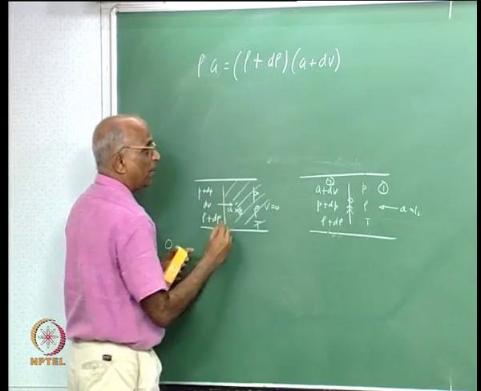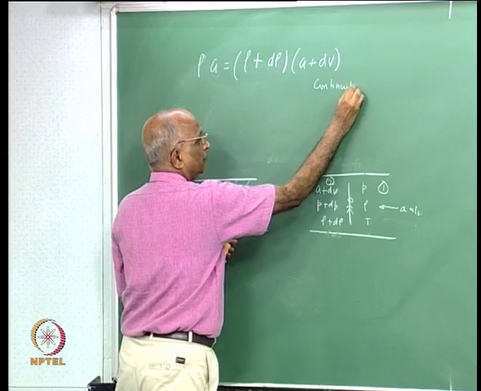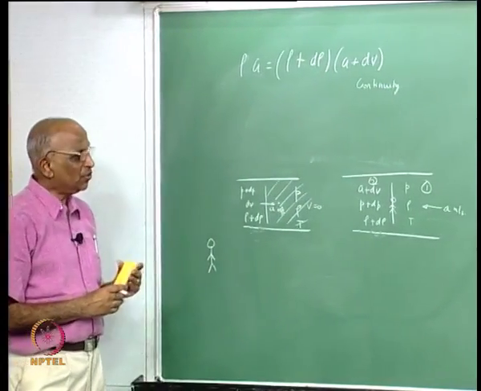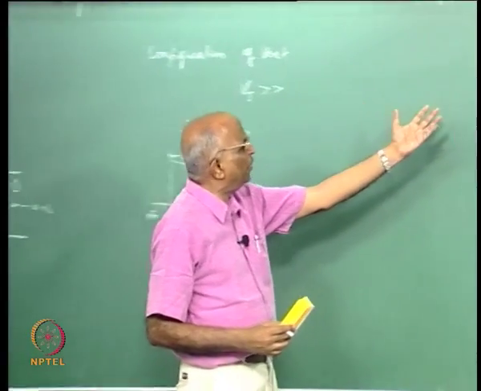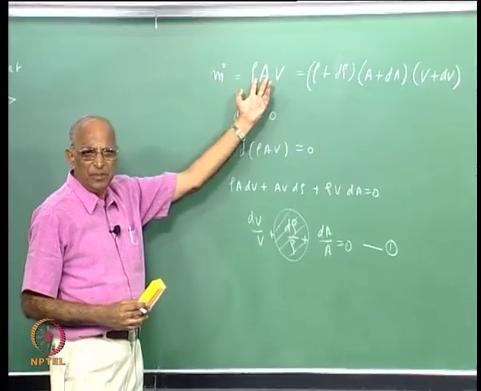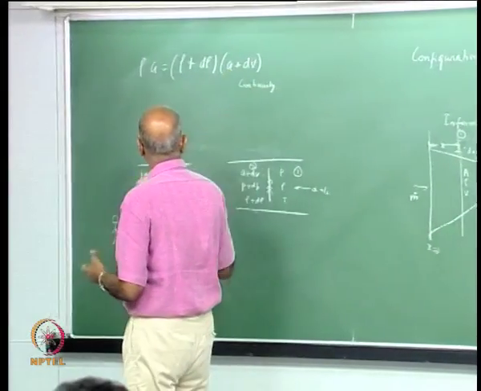This becomes my mass balance or continuity equation. You see the similarity of this equation to the earlier one wherein you have rho a v, where we considered a variable area. I just wanted to find out how the sound wave travels and therefore I write this.